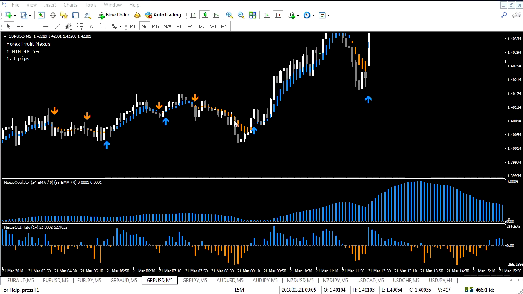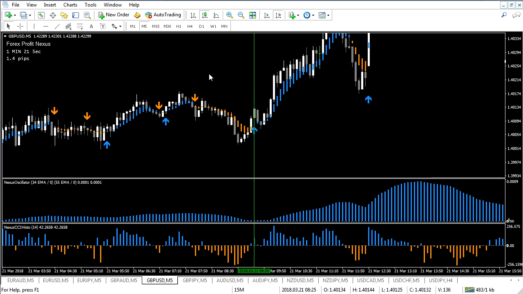The Nexus wave is orange. The oscillator is blue. We are waiting for a candle to close and the Nexus wave on that close to be blue. So what happens is on this one candle here, this white candle, and I'll mark this off, when it closes, the Nexus wave prints a little blue bar.